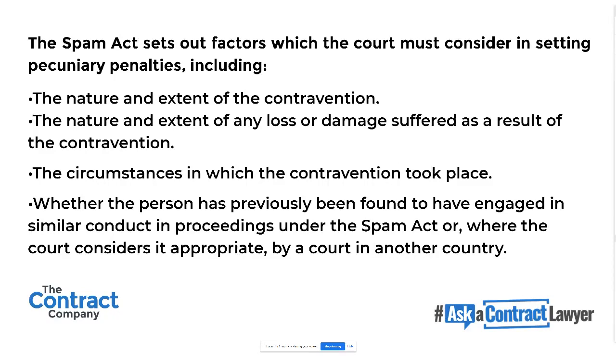So where there have been 2 or more contraventions of the core rules against sending unsolicited commercial electronic messages, the federal court has the power to award penalties of up to 10,000 penalty units per day for corporations or 2,000 penalty units per day for individuals. Now, I'll have to check this, so this may be inaccurate, but I think a penalty unit is worth around $132, or let's say $130.